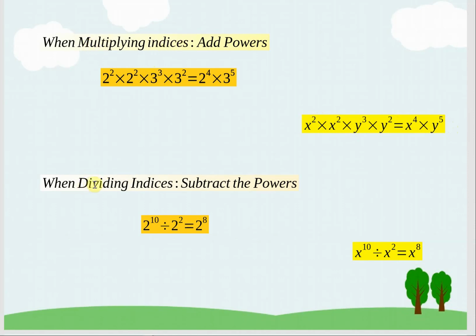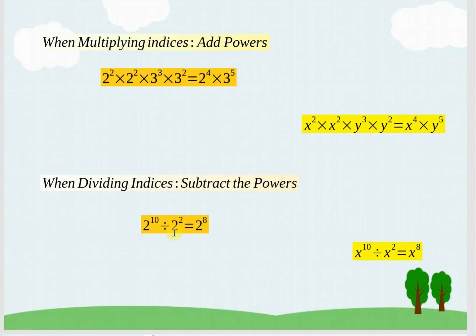But when we are dividing indices, what we do is we subtract the powers. So if we have the powers of the same base, 2 and 2 here, I can subtract. If this were to be 3, I cannot subtract the powers.